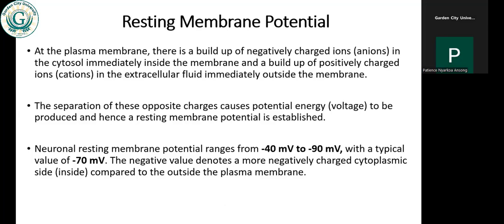And that doesn't also mean that the outside is positive. We are just comparing the charges in and out, and therefore we say the inside is more negative than the outside. So at the resting state, the inside of the neuron is 70 times more negative than the outside, and therefore we have the optimum resting membrane potential of the neuron to be minus 70 millivolts.